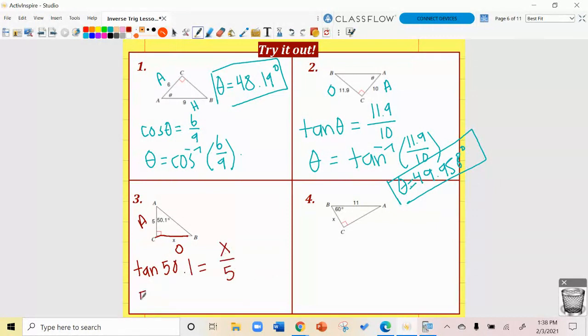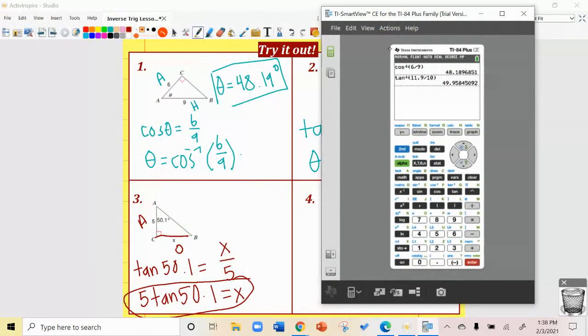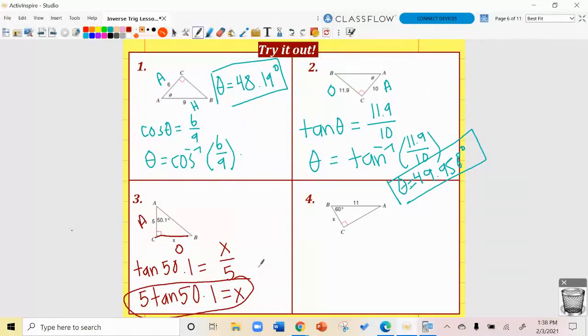So I'm going to get that 5 times the tangent of 50.1 equals x. And I could go into my calculator. Tangent of 50.1 times 5. I did it in the opposite order, but that's okay. 5.98.